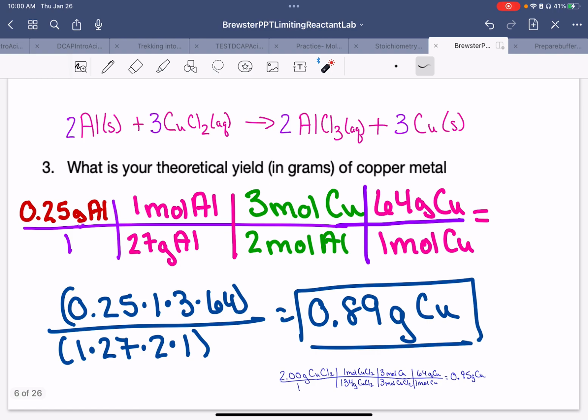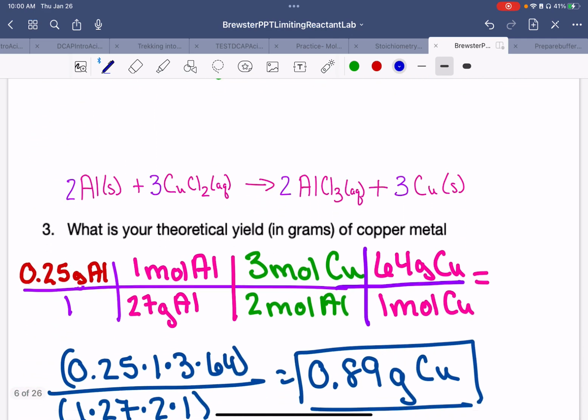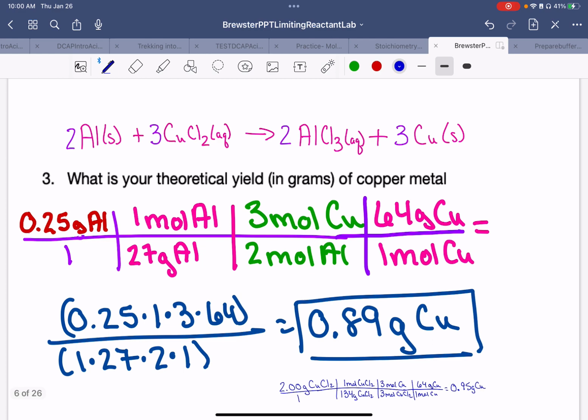Question number 3. Once I figure out who is in excess, we call this other one over here our limiting reagent. I had to run all my calculations now with my limiting reagent. So I start with my 0.25 grams of aluminum. Again, the red number represents the number that you will be using, whether that's aluminum or copper 2 chloride. I have grams of aluminum on bottom, moles of aluminum on top.